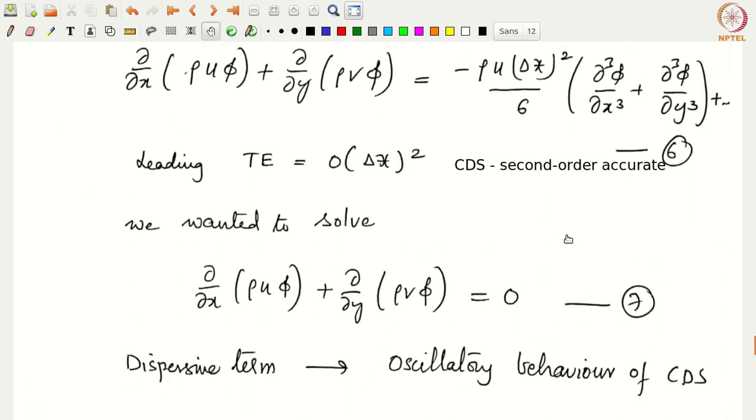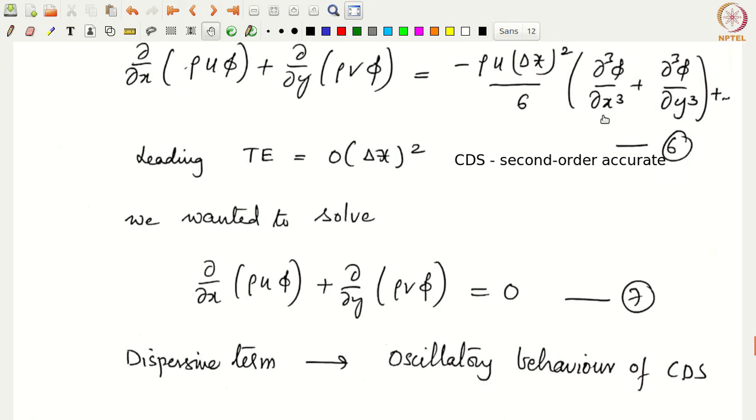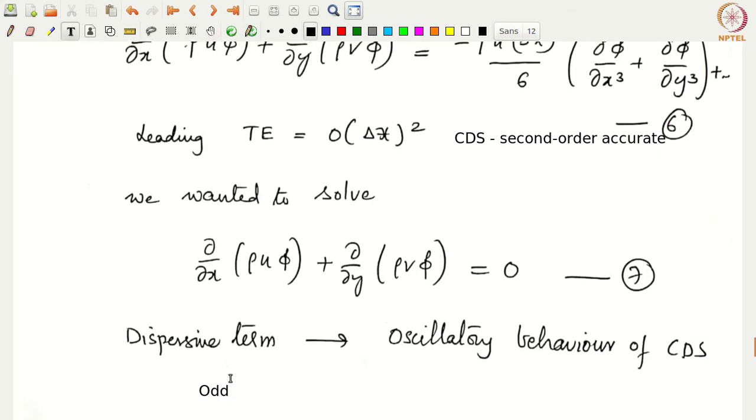Okay, so in general, any term in the modified equation that comes with odd derivatives, we can call a dispersive term.